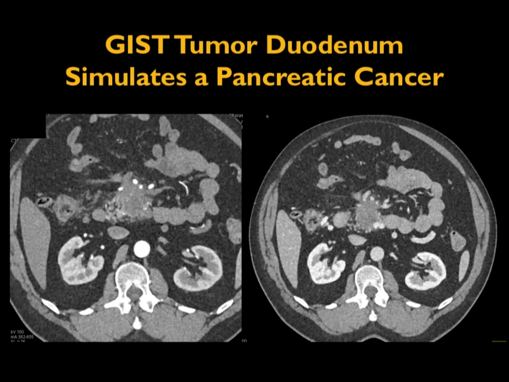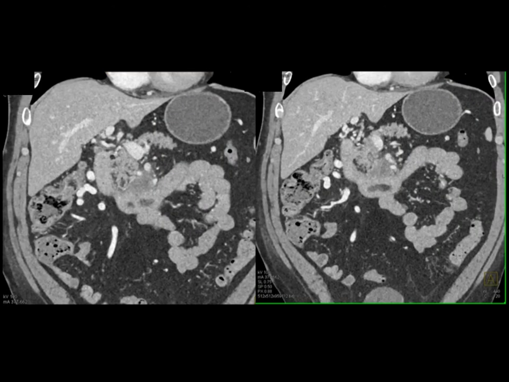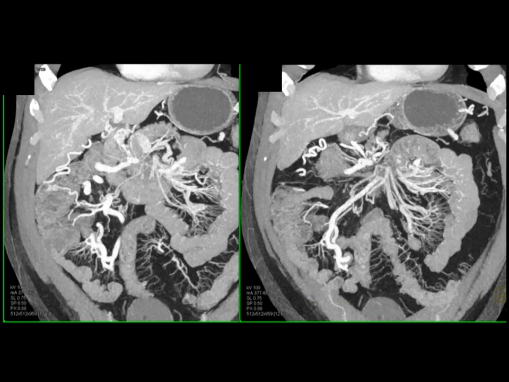Now, just a couple last points with GIST tumor. One, the one I made before, that GIST tumors can simulate pancreatic cancer. For all the world, this looks like pancreatic cancer, including vessel invasion. Well, when you looked hard, there was some fibrous tissue present by the pancreatic head, but you know there was no evidence of adenocarcinoma, and we have seen GIST tumors, and this is a great example where a GIST tumor really is simulating a pancreatic cancer, and in this case, there's vessel involvement.